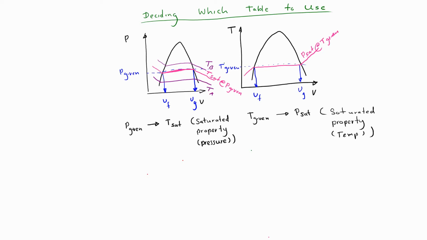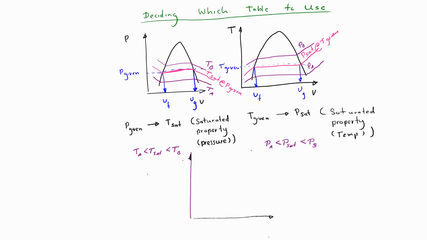Or if you have a pressure that is higher or lower than saturation pressure in your TV diagram, you can draw that like this.